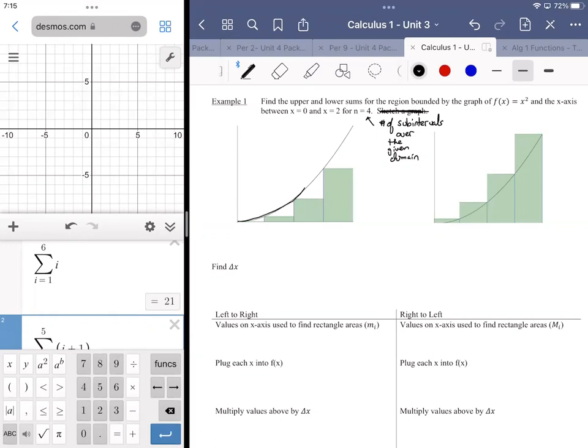This curve here is f of x equals x squared. This graph was made over the interval of 0 to 2, as they said here, x value of 0, x value of 2.